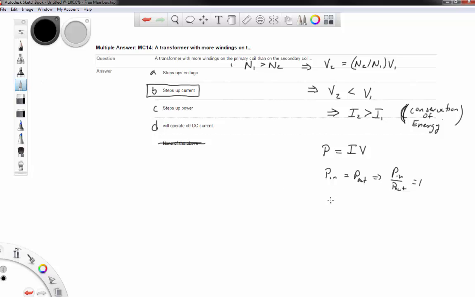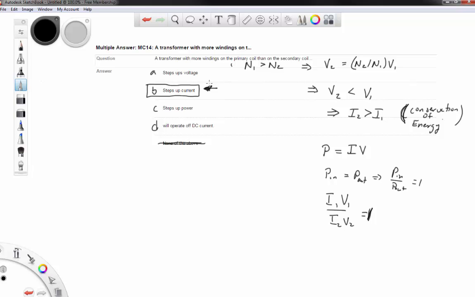And so I1 V1 over I2 V2 must equal 1. And therefore, if I step down V2, I2 must go up to make up for it. So this and this are equal, and that means that we are stepping up the current. That's why this is the correct answer.